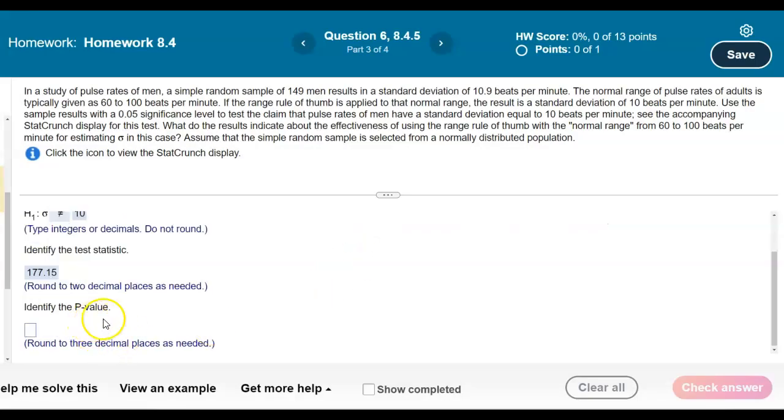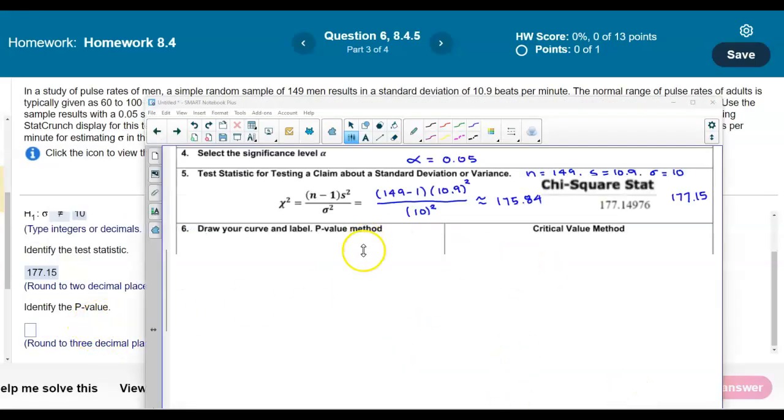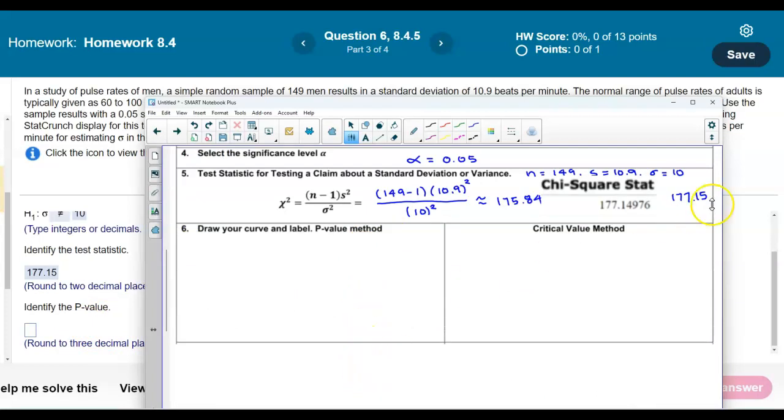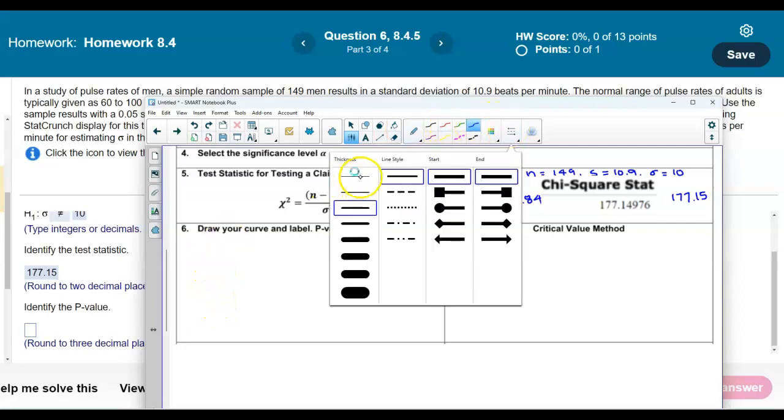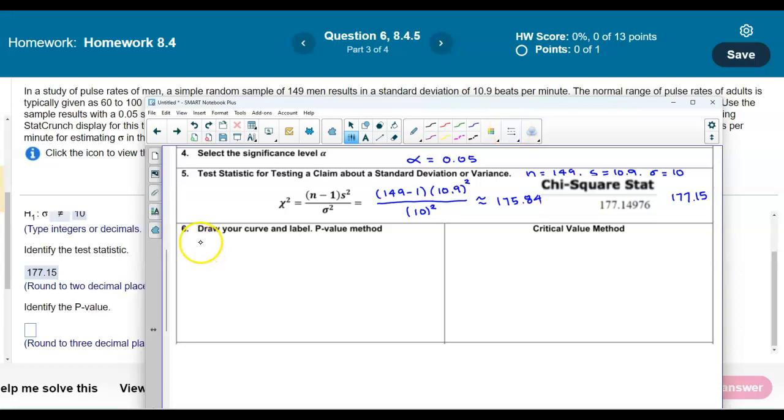Now it says identify the p-value. Okay, so we're going to determine what the p-value is by using the test statistic that was given in the display, and then we're going to use StatCrunch to determine that. So in order for us to first write this out, we need to draw out the bell curve distribution.